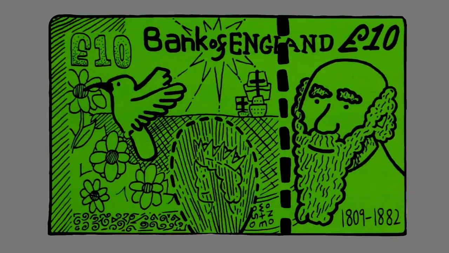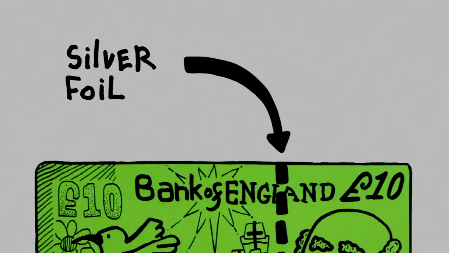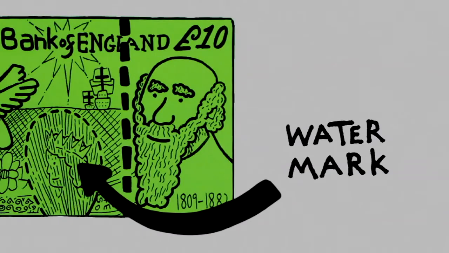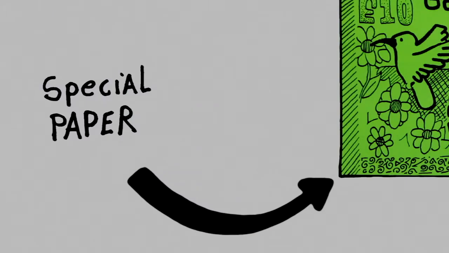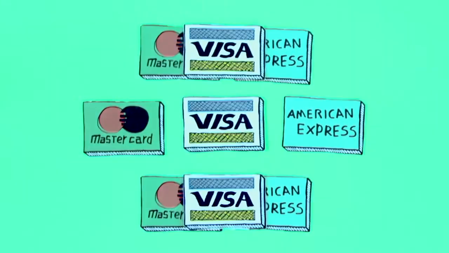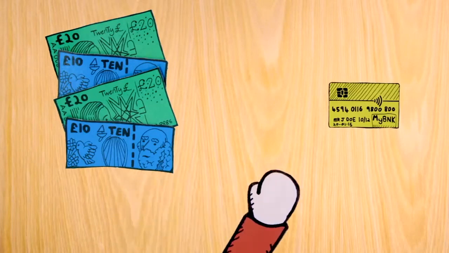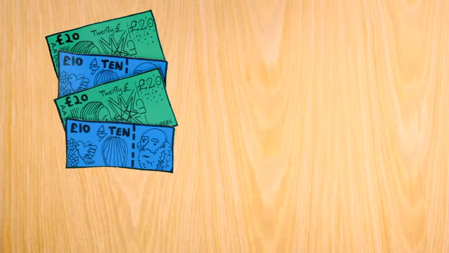Over time, more and more security features have been added to notes to stop them being copied, as well as getting smaller so they now fit into our pockets. Money has continued to change, and in the 1950s, credit cards were invented. Cards mean that now we don't need to carry notes and coins around to pay for stuff.